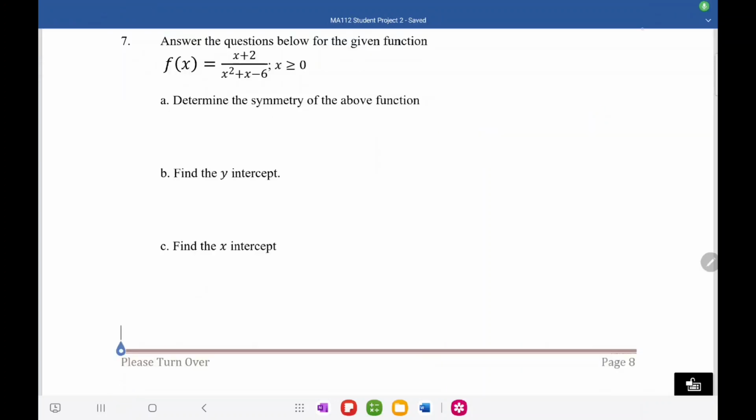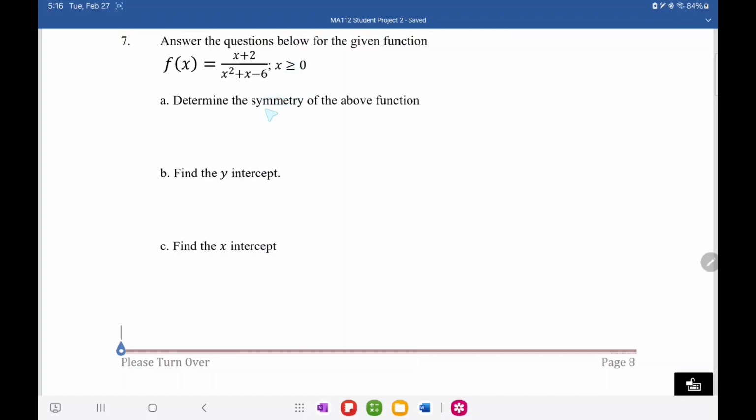Now the last question on the project is on rational functions. So let's go through the function and the follow-up questions related to it. It says the function is x plus 2 divided by x squared plus x minus 6 for x greater or equal to 0.